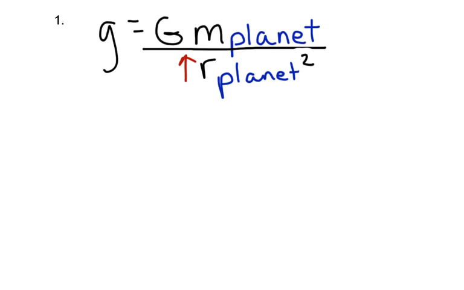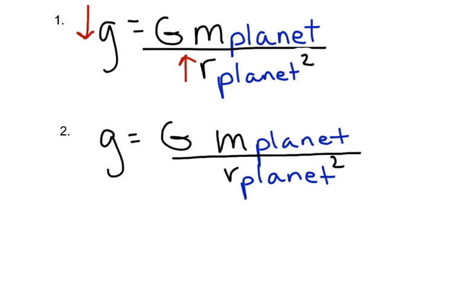Overall, what happens to your acceleration due to gravity? It decreases. Now, okay, so if we increase the mass of the planet, let's do that. What happens to acceleration due to gravity? That increases.